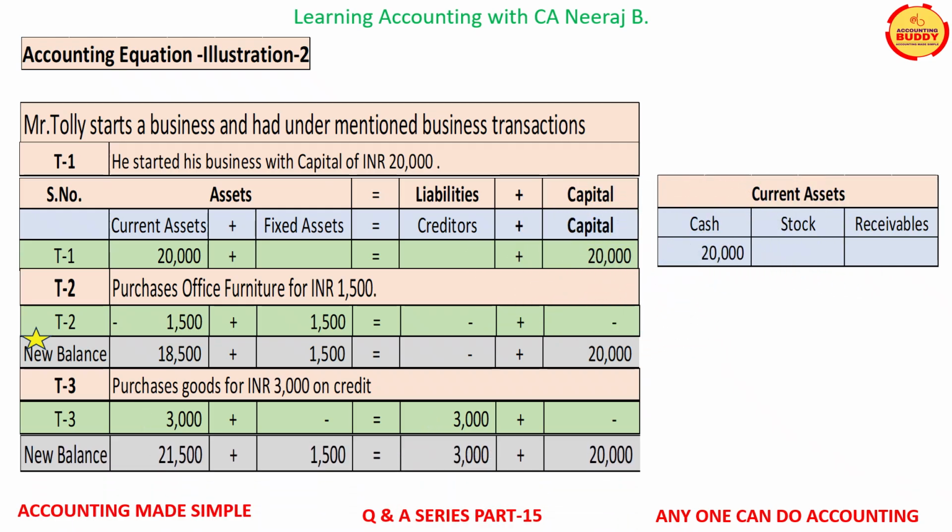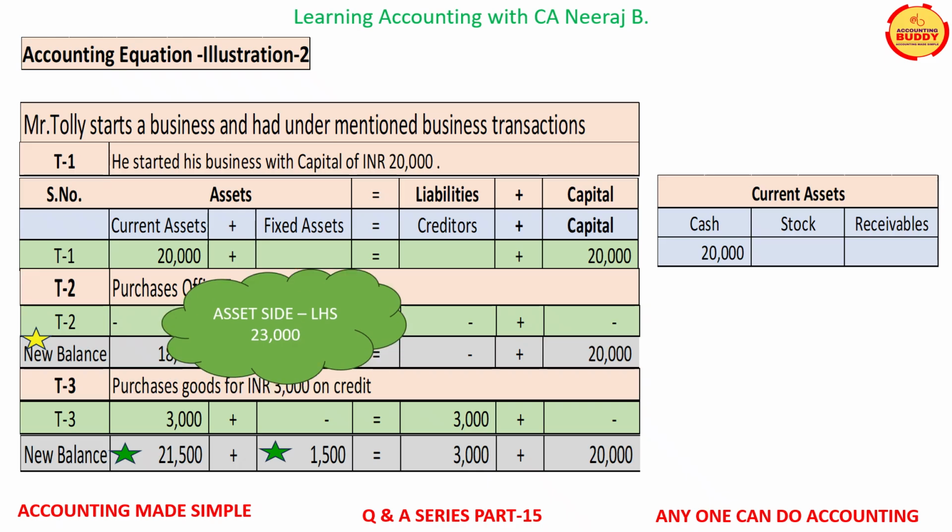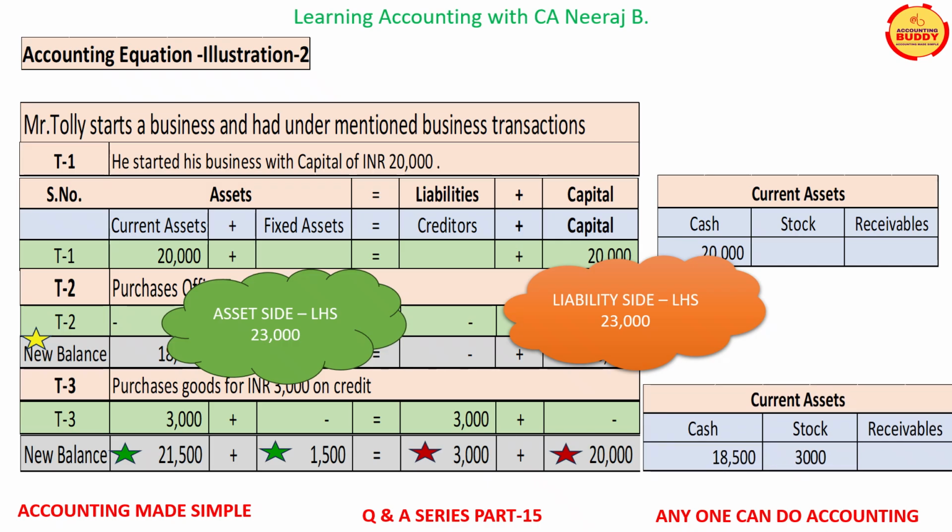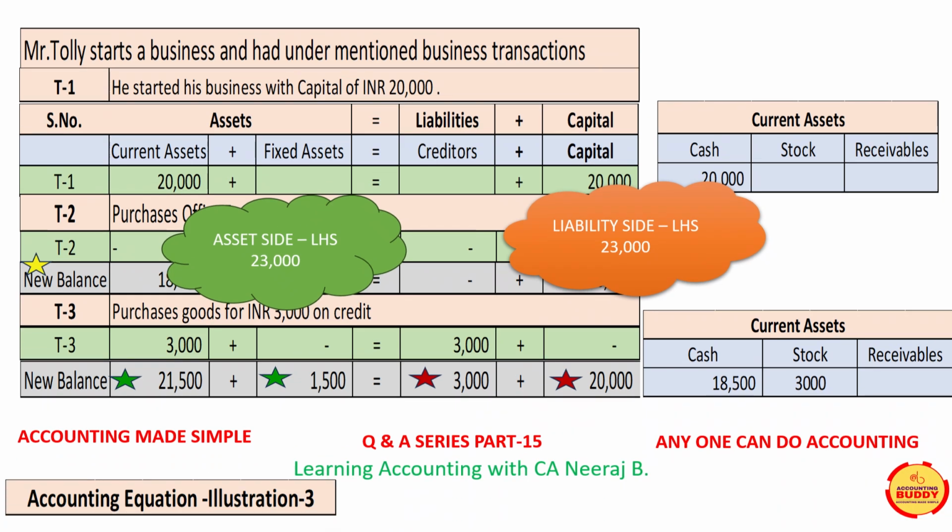Now the new balance of the accounting equation post T3 will be 21,500 cash and 1,500 furniture, totaling to 23,000 of assets on the left hand side and a capital of 20,000 plus a liability of 3,000 on the right hand side of the accounting equation. At this stage, the business will have 18,500 of cash and 1,500 of stock under the head current assets.